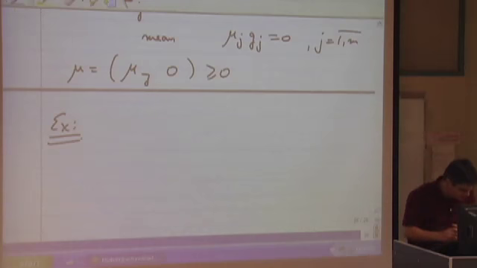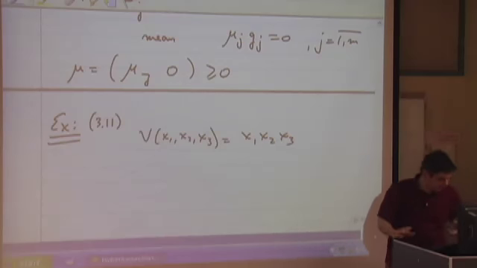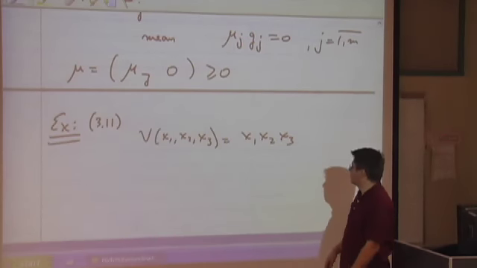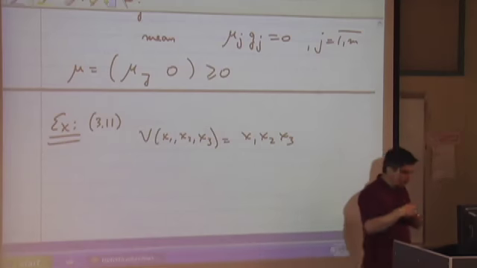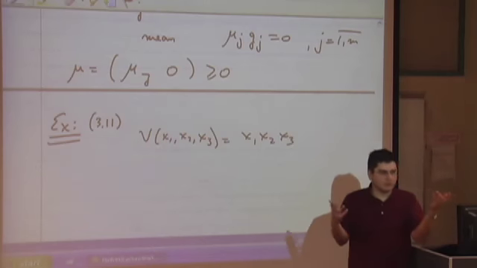Example. Let's take a simple example. Number 311, just since I don't have to write. Just have a product of this has to do with some size of a box. You're trying to use a rope to tie a box, like you do a gift wrap.